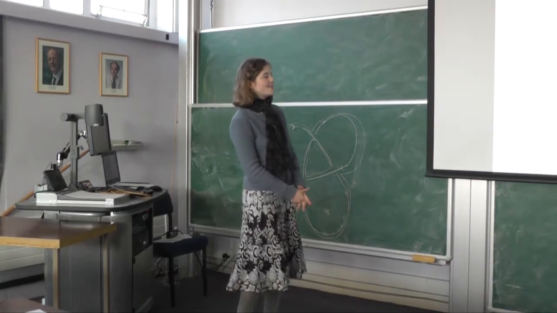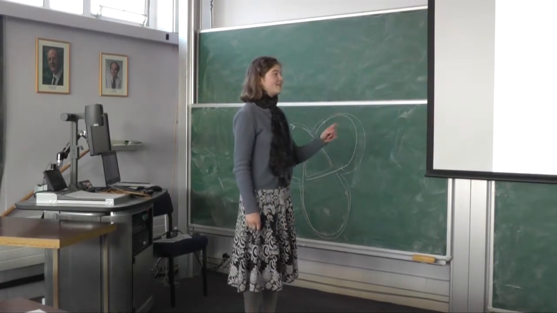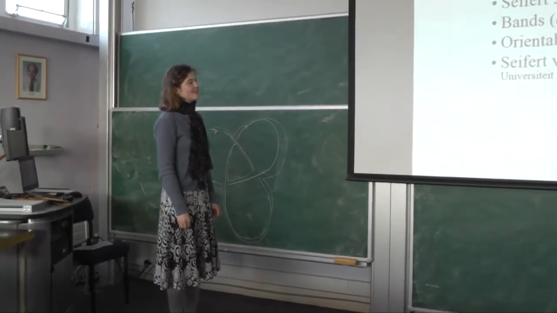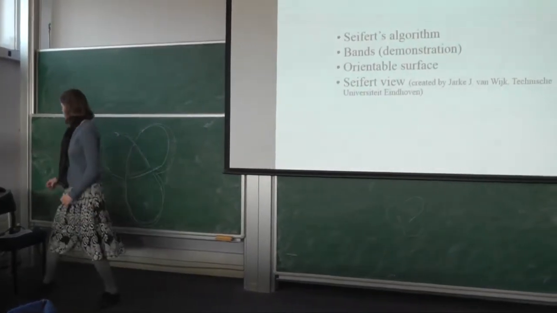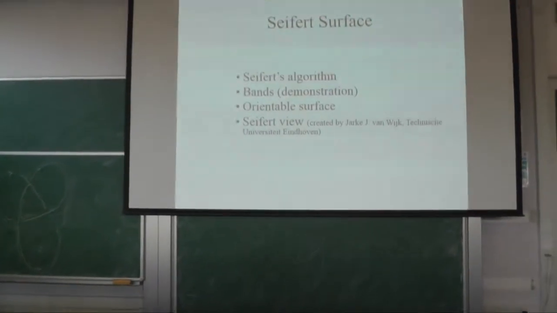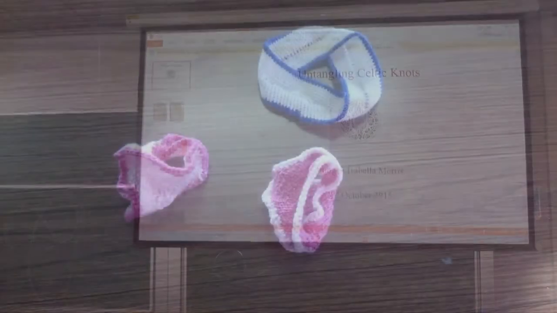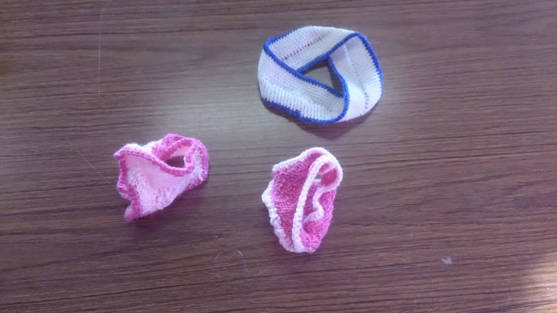And so there is this program called SeifertView where you can have a look at some of the Seifert surfaces. I've also knitted a couple, which you can pass around and have a look. So this is the trapdoor that she's drawn. There's a disc at the top and a disc at the bottom joined by the 3 bands. And there's another one you can pass the other way.